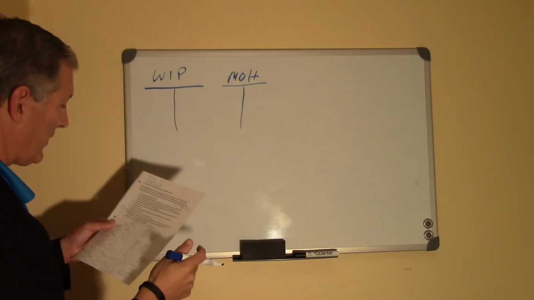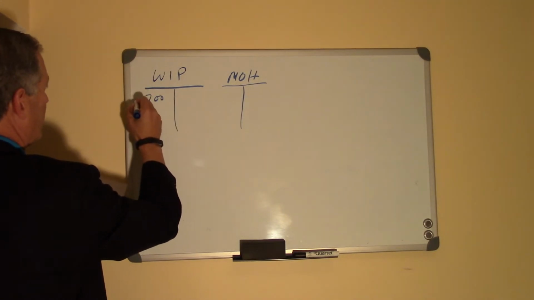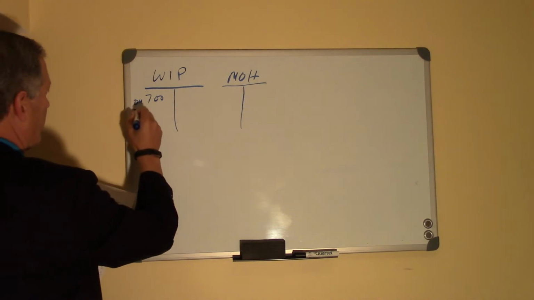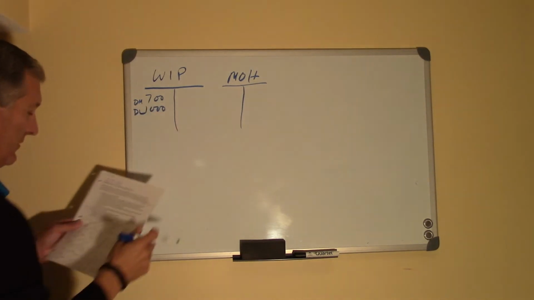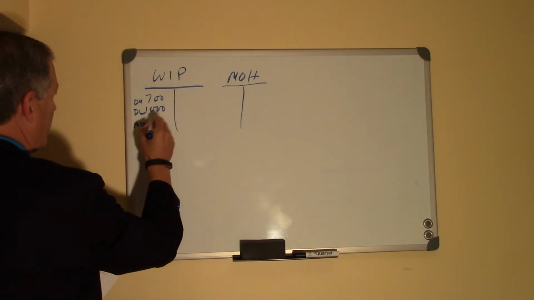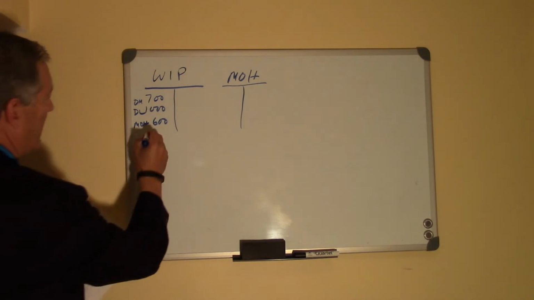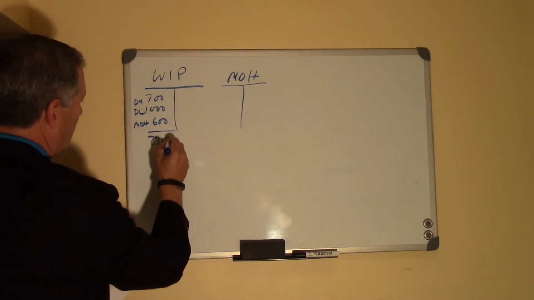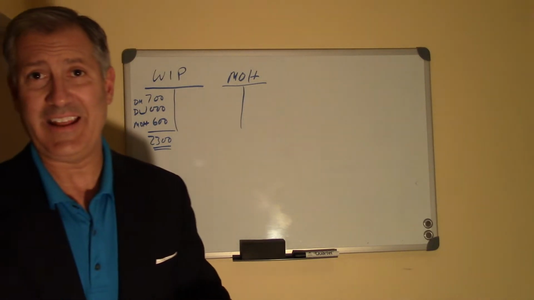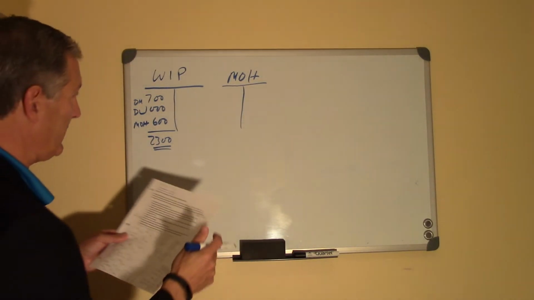And for work in process, we had direct materials of $700. We had direct labor, $1,000. And we just had manufacturing overhead for $600. So we have a total in that account of $2,300. And what we need to remember, that is for both job A and job B. Let's take a look at manufacturing overhead to this point.